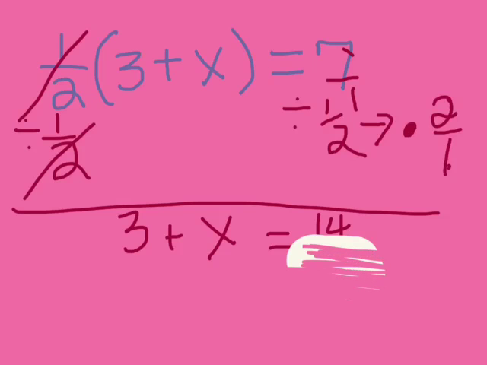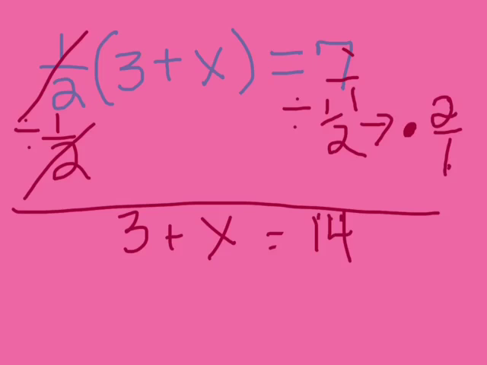All right, so 3 plus x equals 14, and now I have x plus, oops, I better fix that so we can see it. Sorry about this. Okay, so I have my variable x.